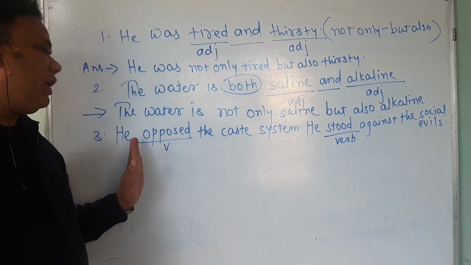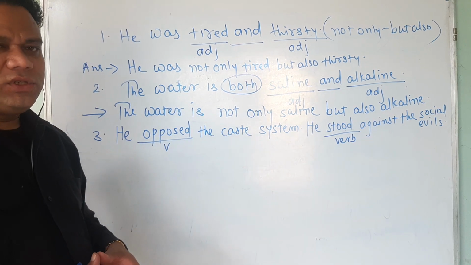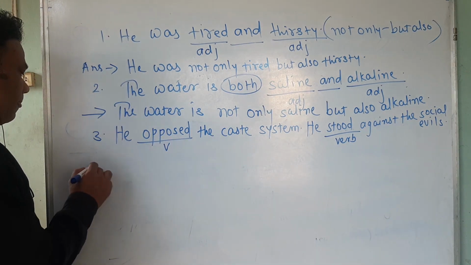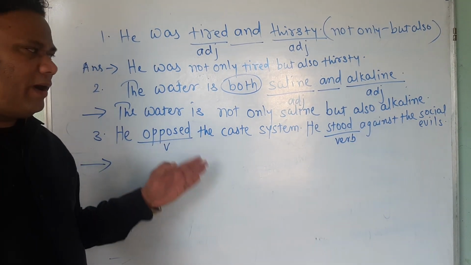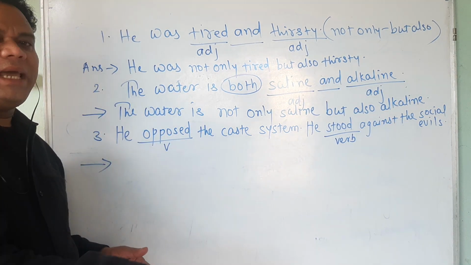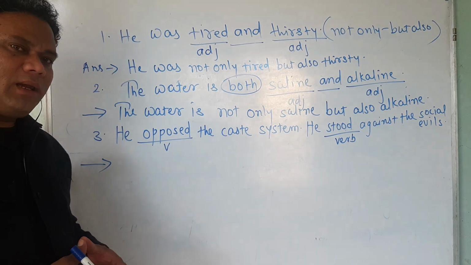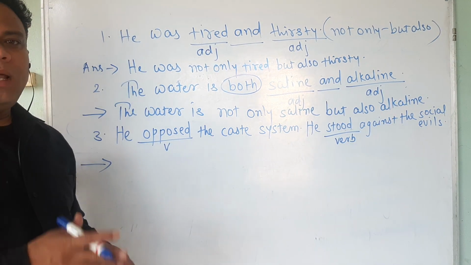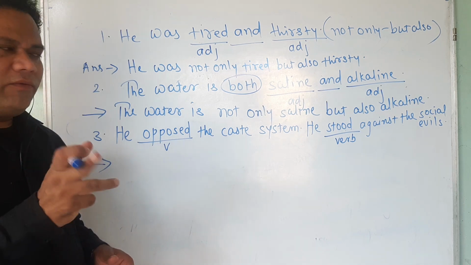So now it is very easy to use not only but also. Before one word we have to use not only, and before another word we have to use but also. And one more important point is there. Remember that while using not only but also, if the same subject and the same verb is repeated again, in the answer that subject or that verb we have to use only once.